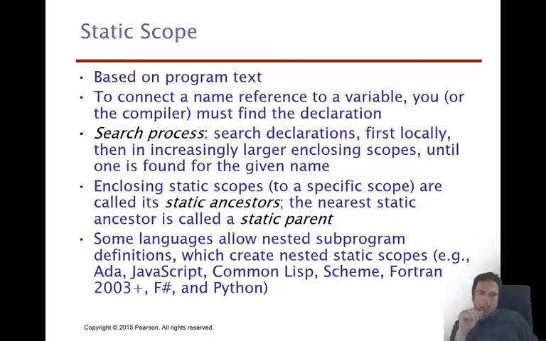So static scope is where the scope can be determined just by looking at the source code, right? It doesn't depend on runtime. Static, right? The idea is all you have to do is figure out where the declaration of a variable is, and you can figure out what its scope is.